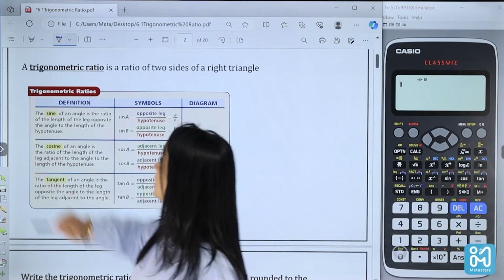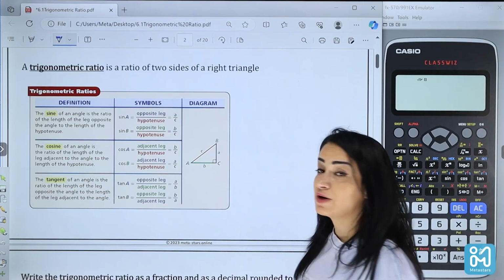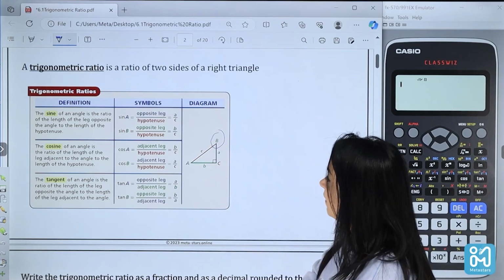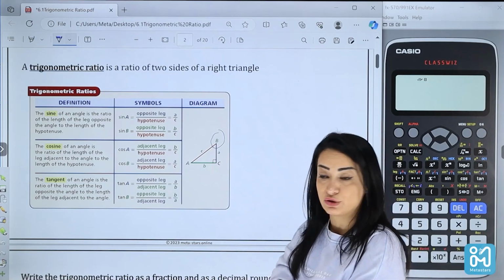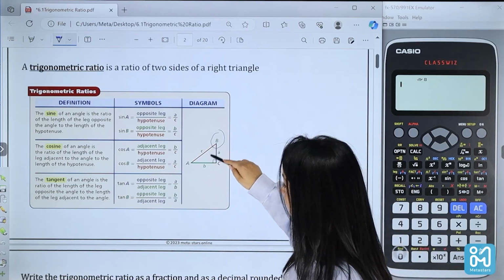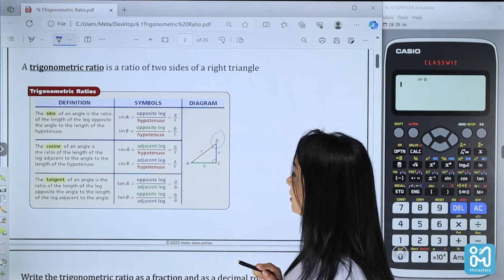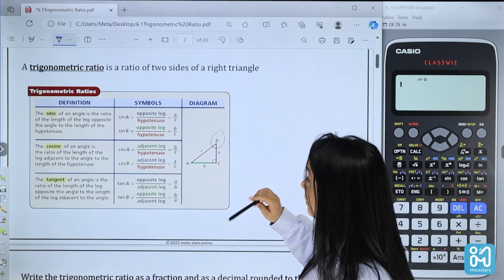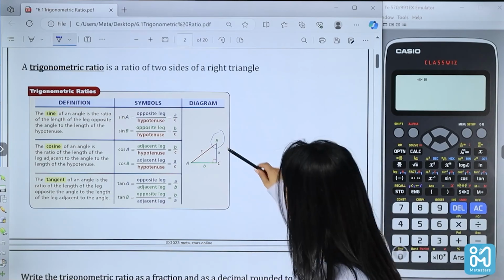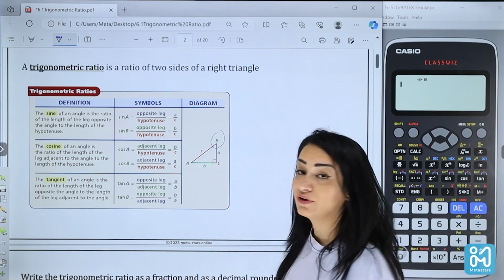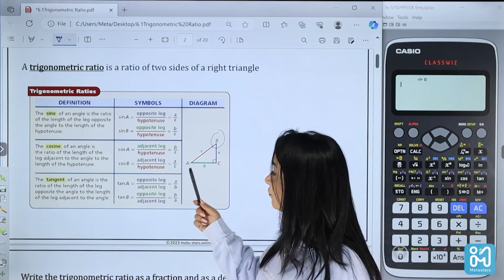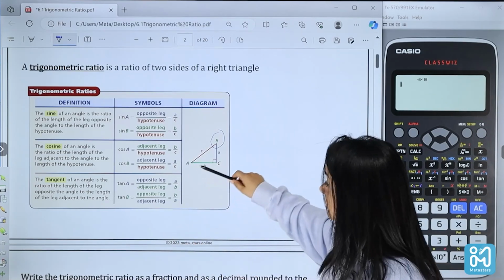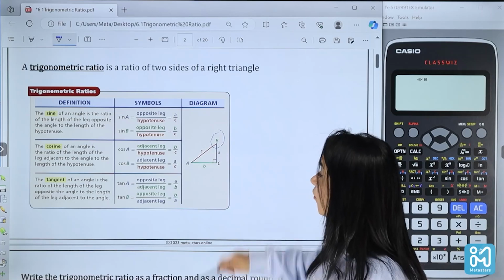If I ask about angle B, what is the ratio of the opposite side and the hypotenuse? The opposite side for angle B is going to be side B over C. What is the ratio for angle A for the opposite side and the hypotenuse? It's going to be side A over C.